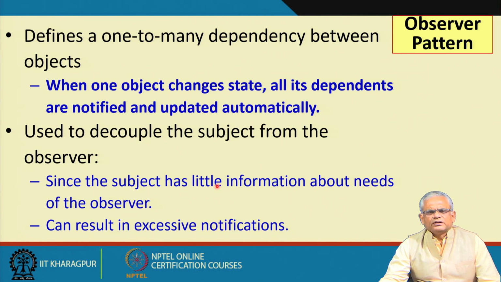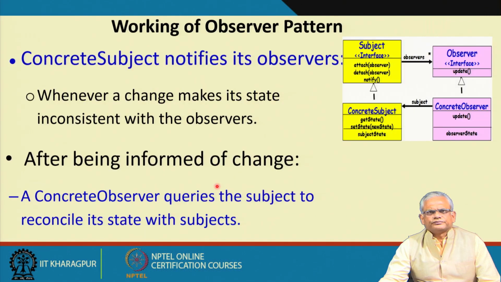For example, we can modify the observer pattern a little bit and have the observer also determine for which event a specific client or observer is interested, and then only for that event notify that client, but that makes the model more complicated.